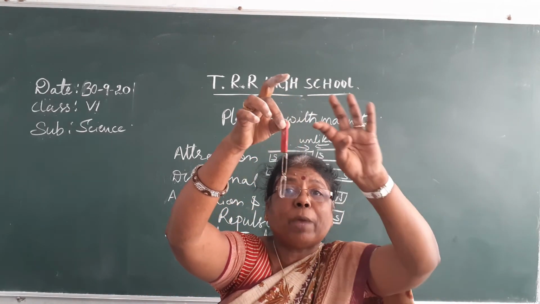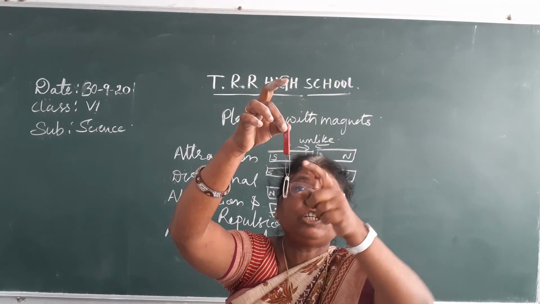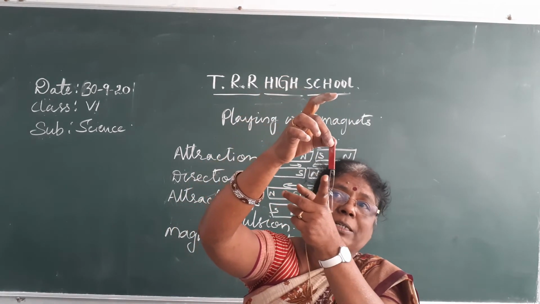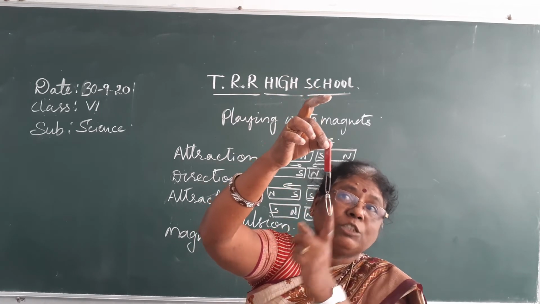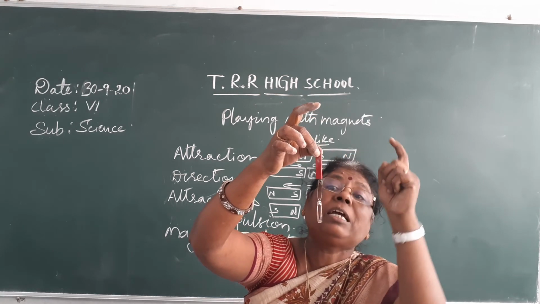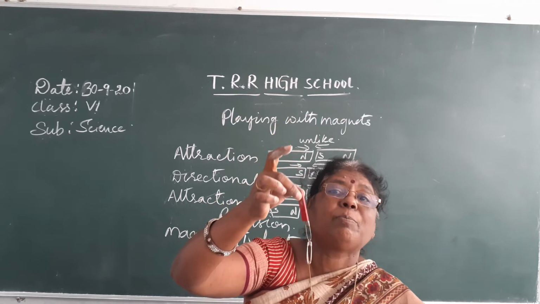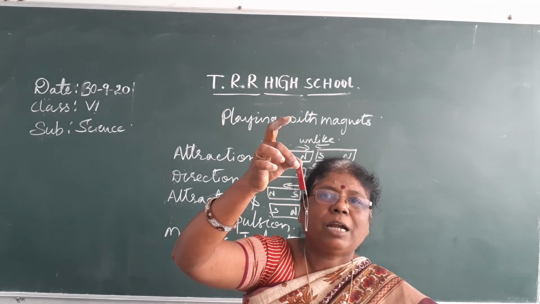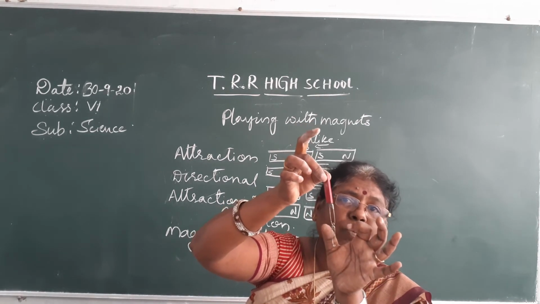See this, the magnetic property from the magnet is induced into the safety pin, and from this safety pin to another safety pin. So the magnetic property of the bar magnet is induced into the safety pin, which behaves as a magnet. Understood? This safety pin now has magnetic power.